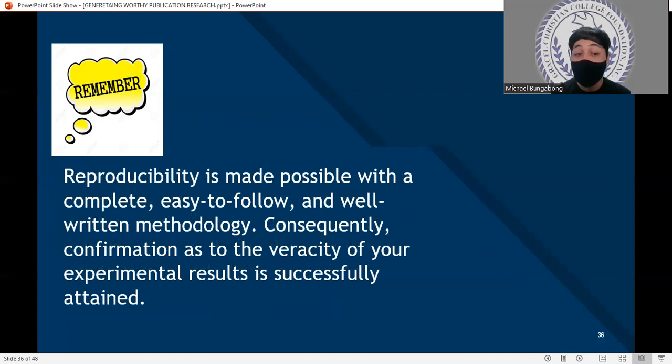Reproducibility is made possible with a complete and easy to follow and well-written methodology. So consequently, confirmation as the veracity of your experimental result is successfully attained, all right? So you have to remember that. Reproducibility is made possible with complete, easy to follow, and well-written methodology.